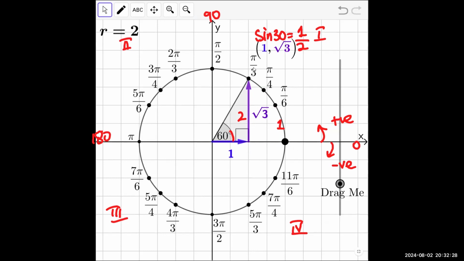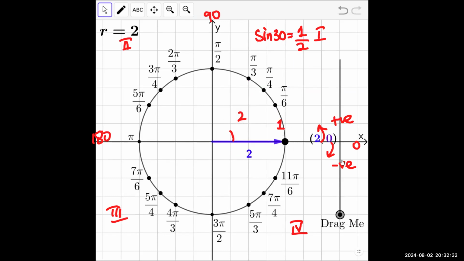Notice they've given you some values in pi. So remember what pi was. The angle was in radians. This is 0 angle. Pi is the same as 180. Pi by 2 is the same as 90.